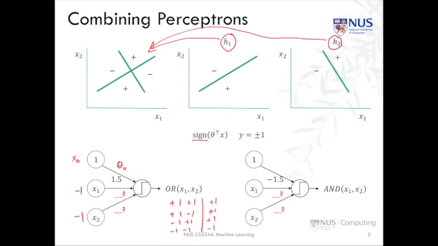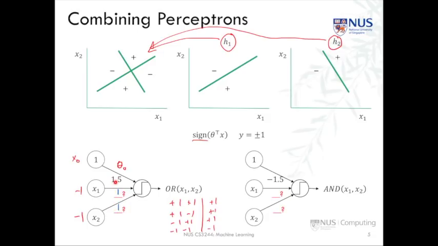Well, let's see. If we put a 1 here and a 1 here, what's going to happen? Let's say for a second just x1 was positive. Then we're going to get 1.5 plus 1.5 minus 1. What's that value? That's going to be 1.5 because these two will cancel out.